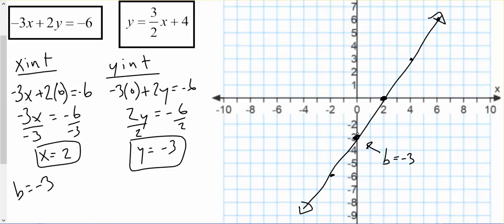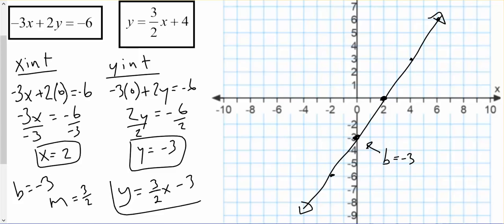And our slope, we're going up 3 over 2, so our slope is 3/2. And so we can write our equation, y equals 3/2 x minus 3. So that's that new equation.